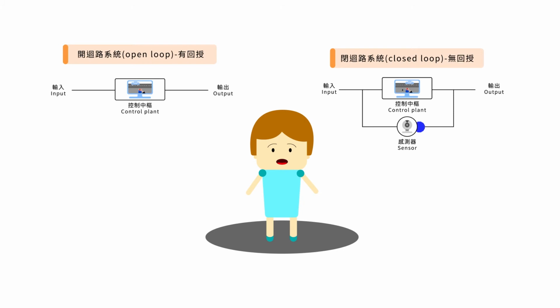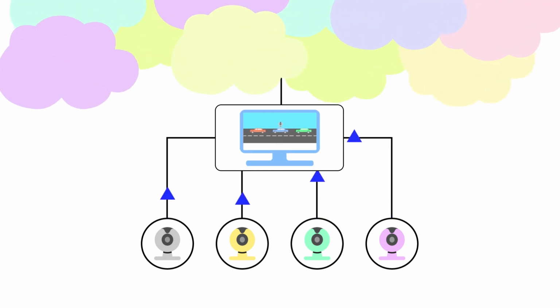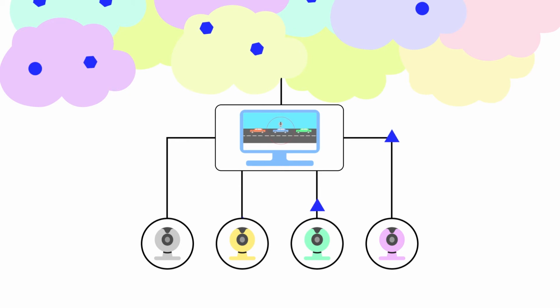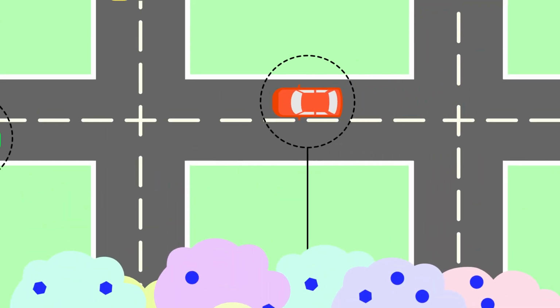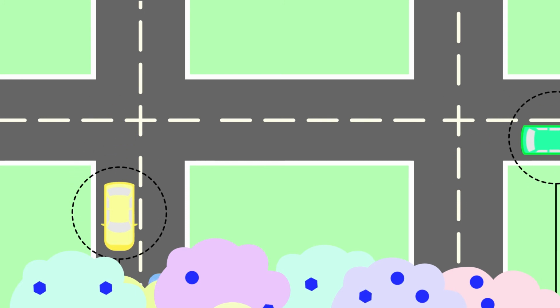In explaining the concept of a feedback system, we have simplified a few things. In reality, a self-driving car requires a combination of complex sensors and closed-loop systems all working together. These sensors receive input signals, they are processed by control circuits, and then further passed on to a cloud database.